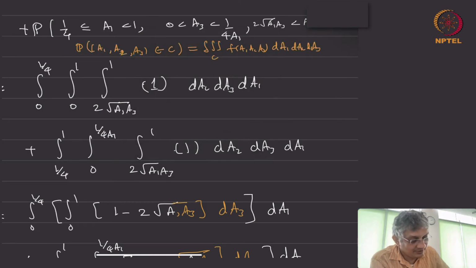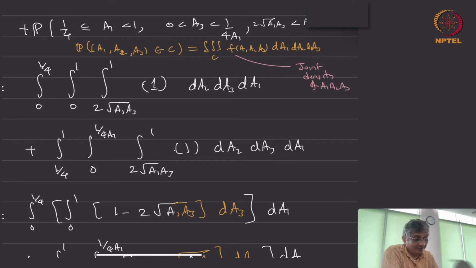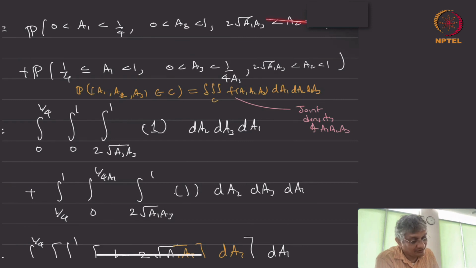So maybe I call this f sub A1, A2, A3 as well, the joint density. And we know that's just uniform, so it's going to be 1 when all the A_i are between 0 and 1, and 0 otherwise. So already my set is designed so that everybody satisfies that condition, so there's no problem here.